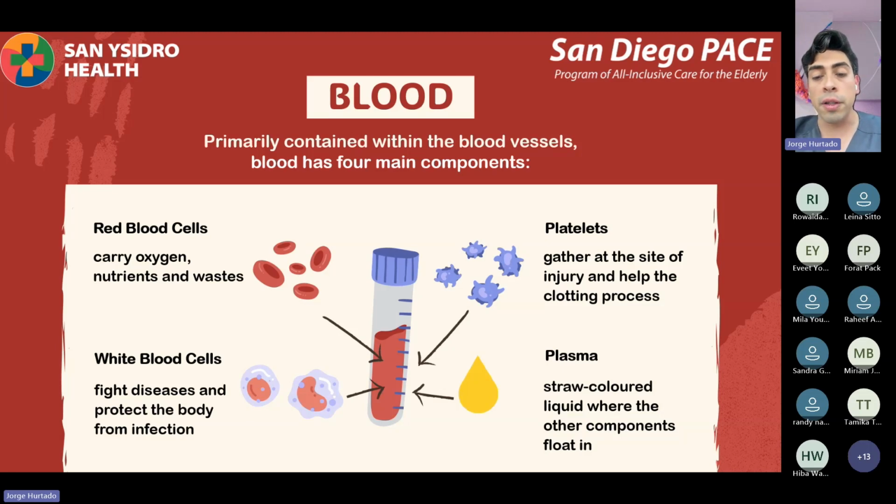It carries white blood cells, which fight infections, and carries platelets, which are in charge of not letting us bleed out when we trip, when we cut ourselves in the kitchen with a knife, when we're being silly, or when we have accidents, right?